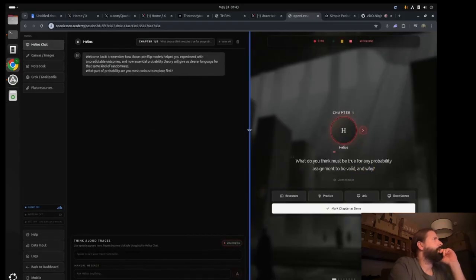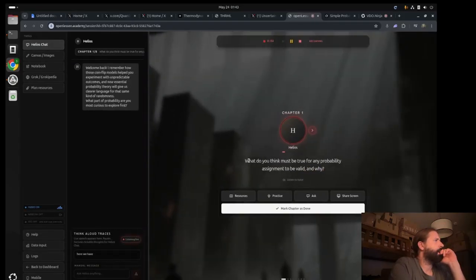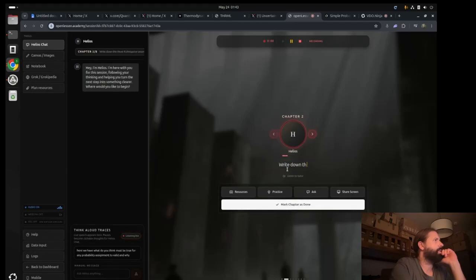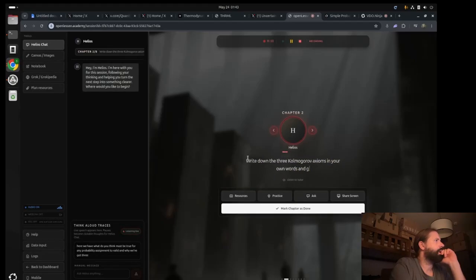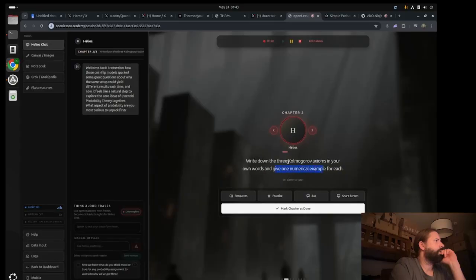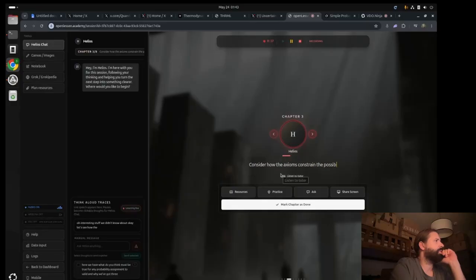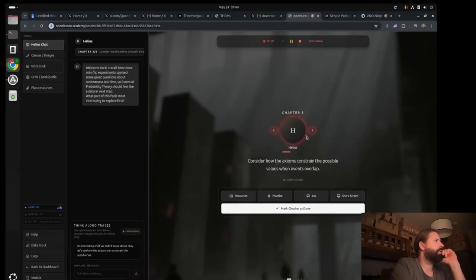So what do we have here? What do you think must be true for any probability assignment to be valid and why? We've got 3. Oh, interesting, so stuff we don't know about. Okay. I can see how the actions constrain the possible values when events overlap.